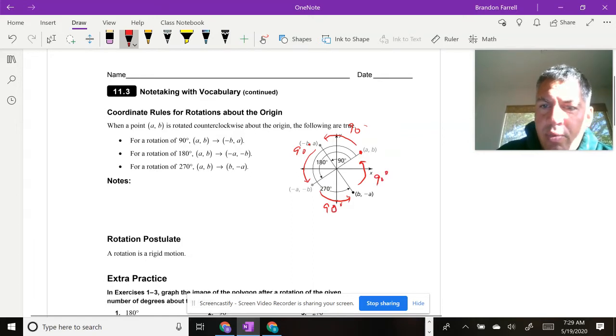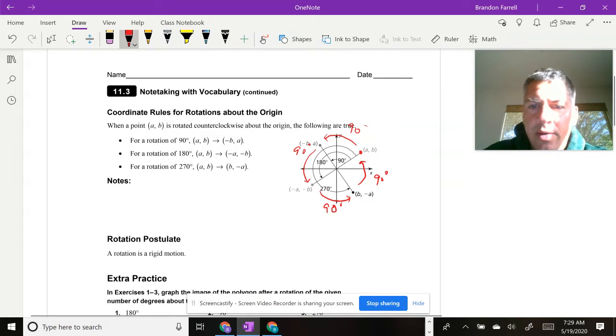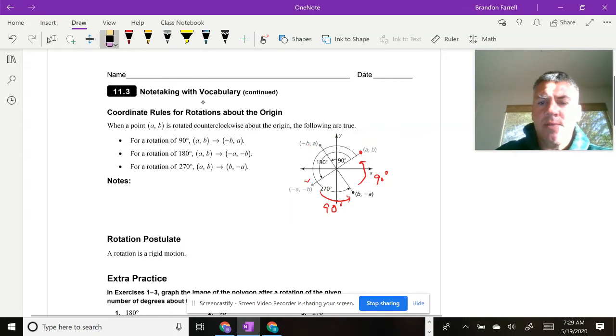90-degree intervals are important as we move on into the pre-calculus world, the calculus world, and things of that nature. So being able to rotate something 90 degrees is always going to be very advantageous for us.